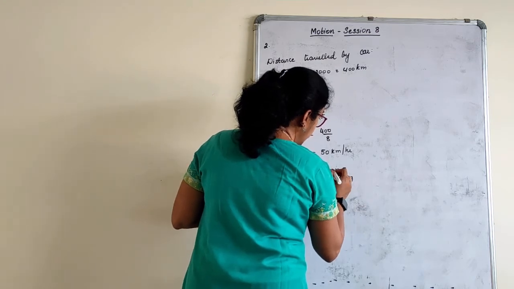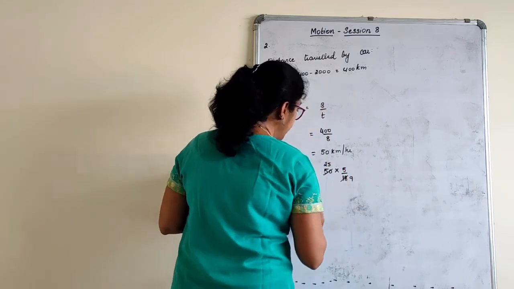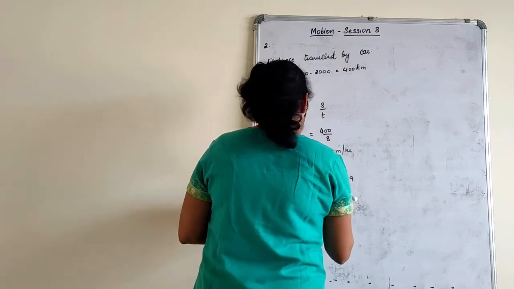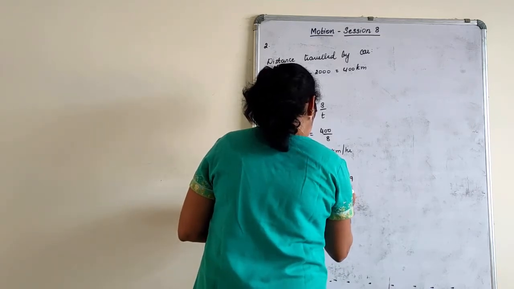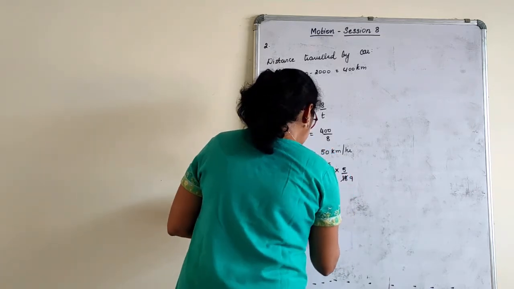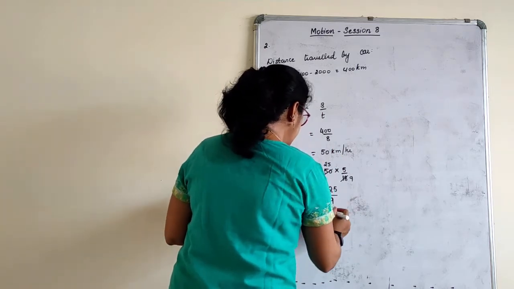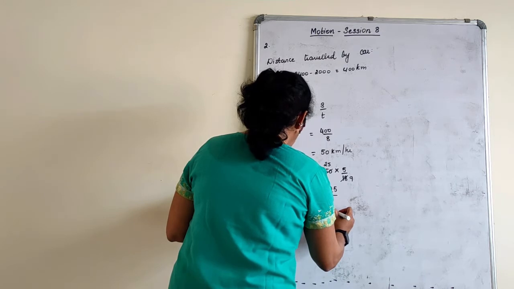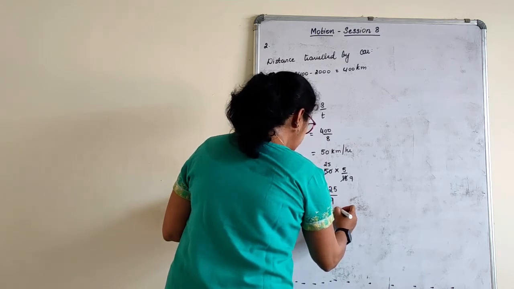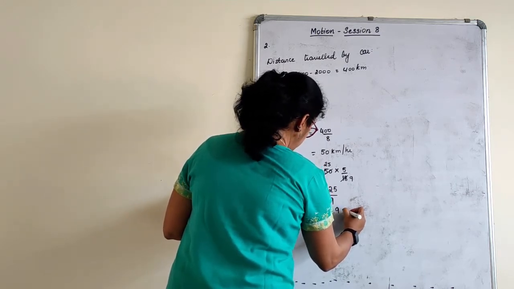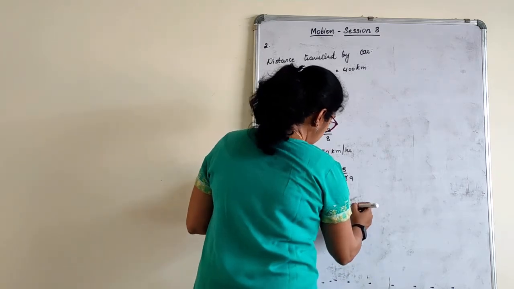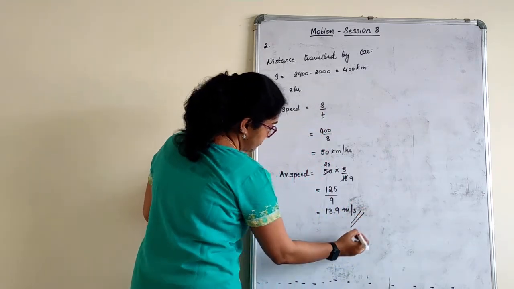So 2 nines are 18, 25 fives are 125, divided by 9. So 9 ones are 9, 9 threes are 27, 9 fives, meters per second.